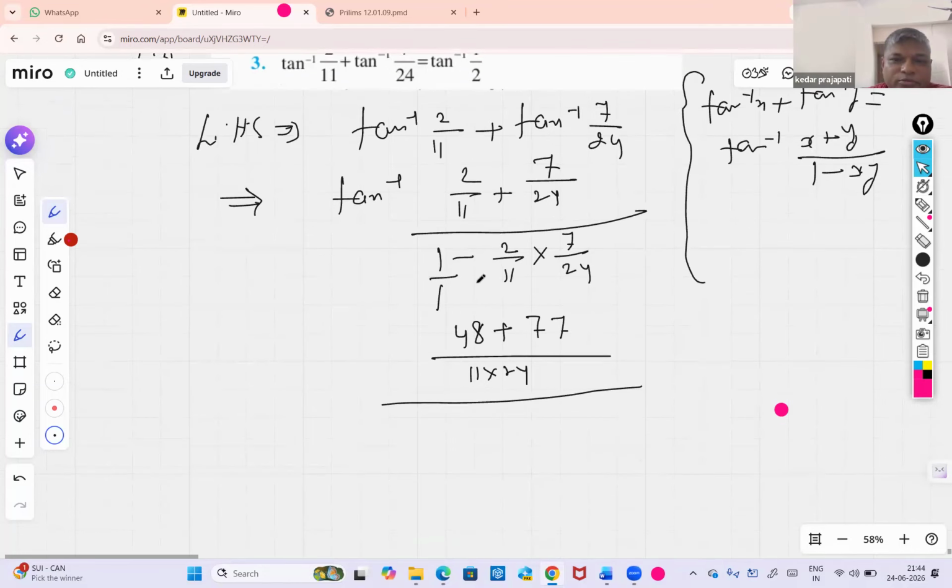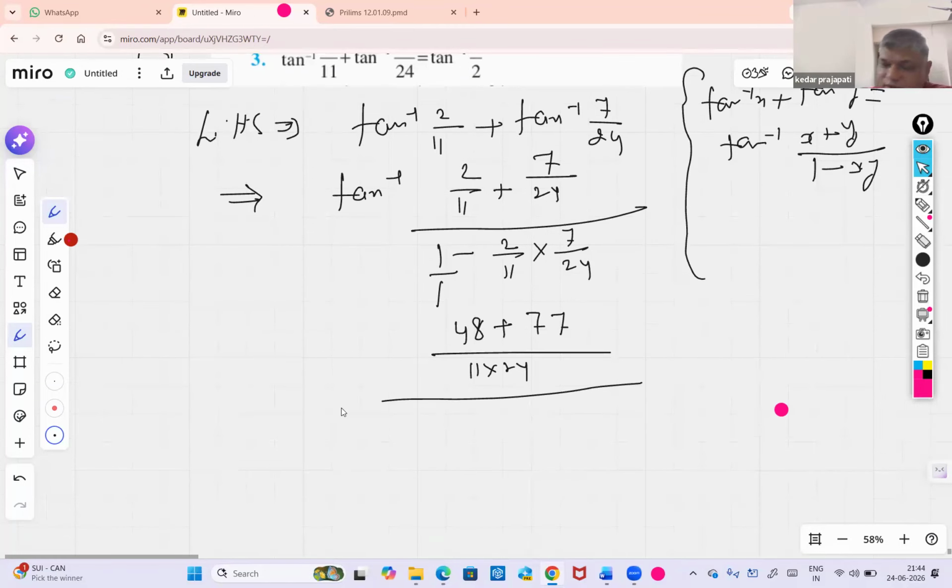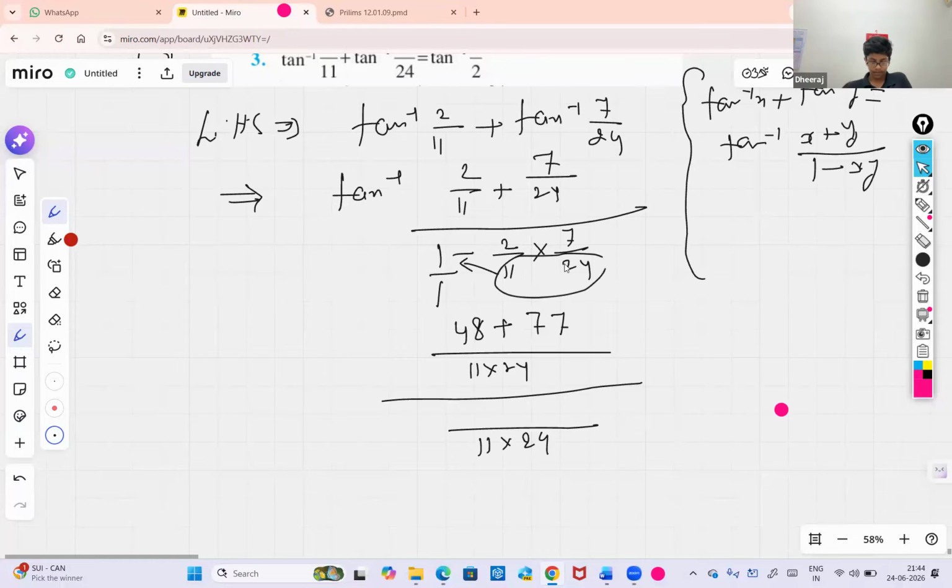Divided by, now I'm doing the denominator, which is 11 into 24. Now 1 is there, so this whole thing will be multiplied with both.